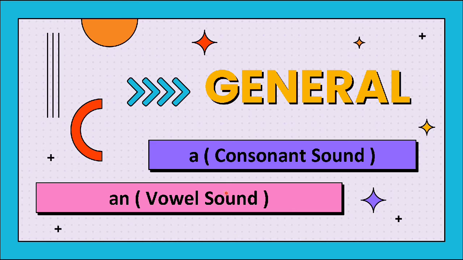So, why for general nouns should there be a and an as well? Isn't it enough to just use a? Since a is enough to explain one thing, why should there be one with a different spelling? Here's the difference between a and an.